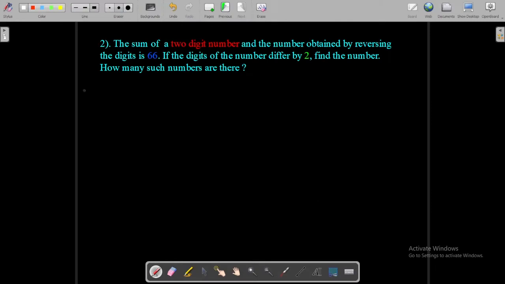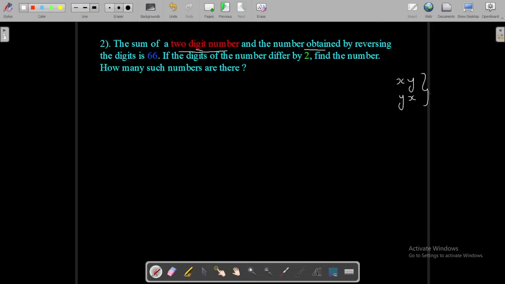In this problem we can see that the sum of a two-digit number and the number obtained by reversing its digits. For example, let us take a two-digit number with digits x and y. If you reverse the digits, it will become y and x.